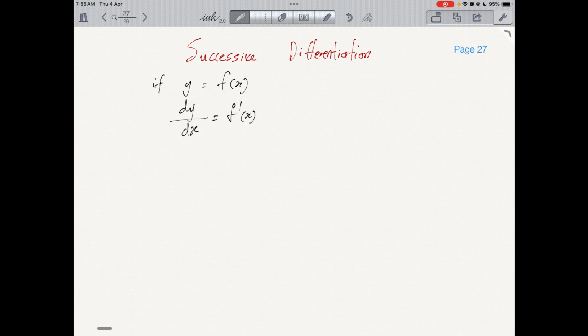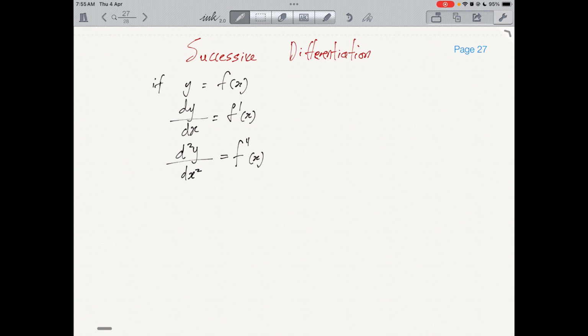Now, if the expression is differentiated again, the second differential coefficient is obtained and it is written as d squared y/dx squared. And this can be written again as f double dash x.